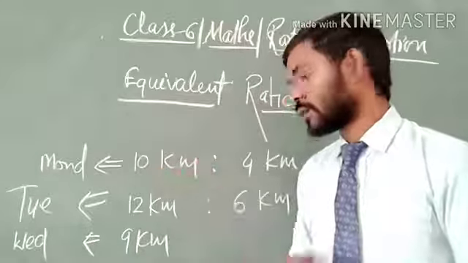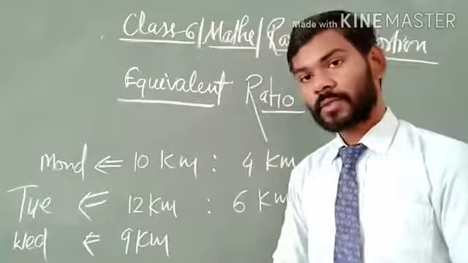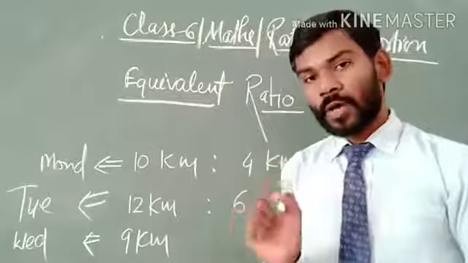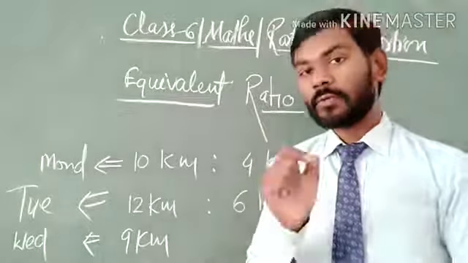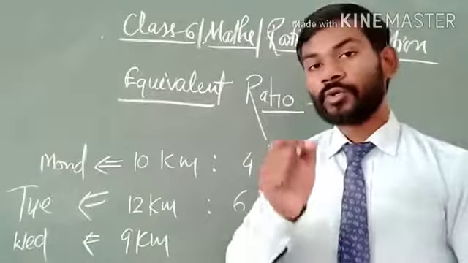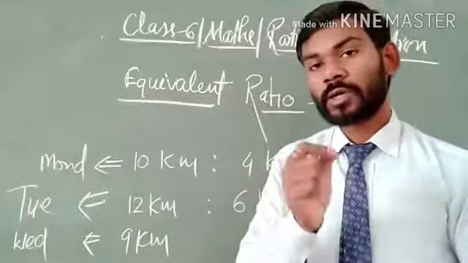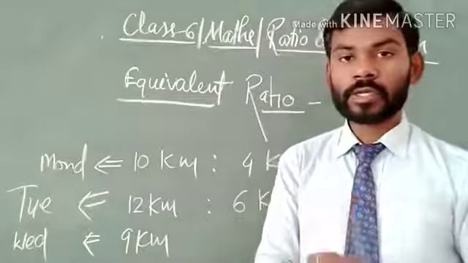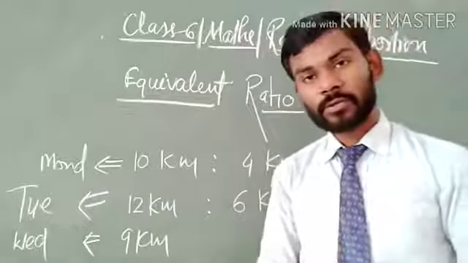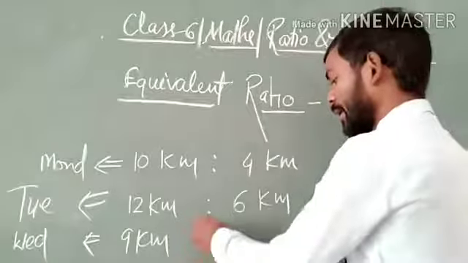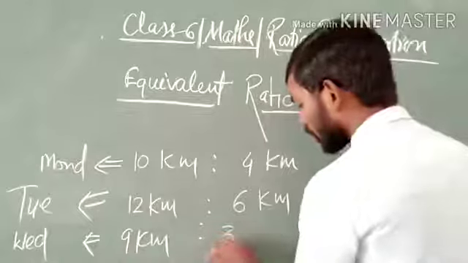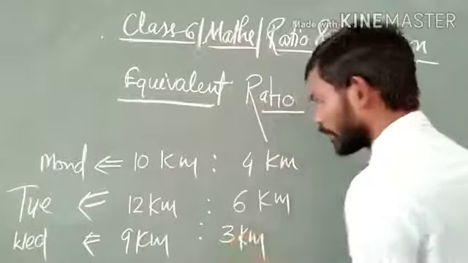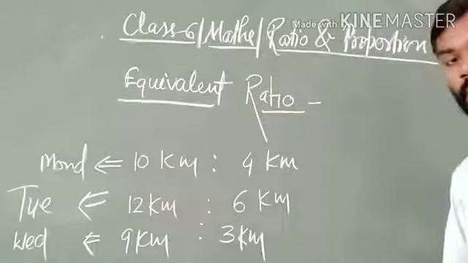You will say 1 kilometer. I ran 1 kilometer less in comparison to Monday. Then you also have to run 1 kilometer less than Monday, and hence you will run on this day only 3 kilometers. Okay, students.